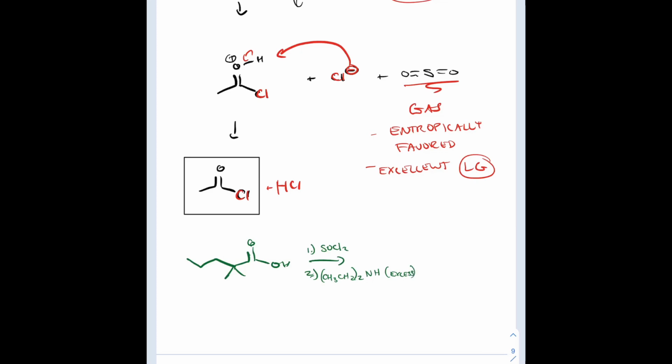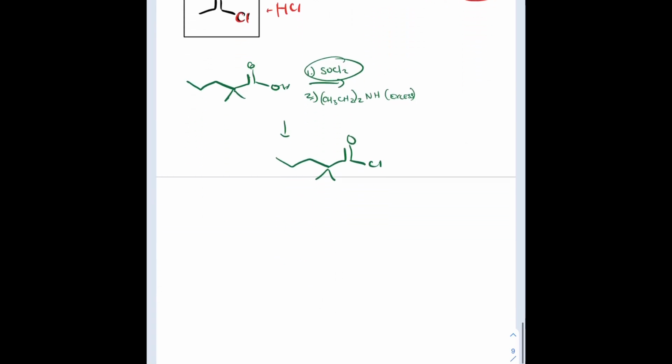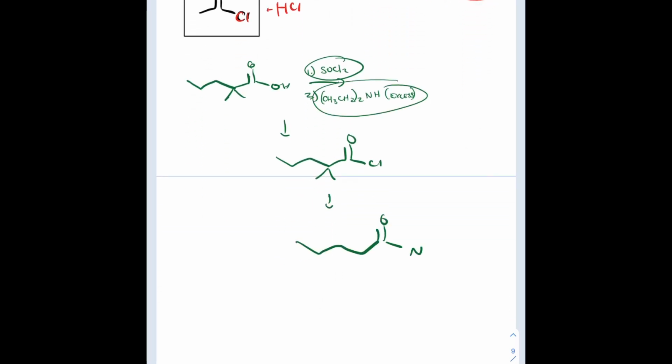So what we have here is 1, thionyl chloride, 2, an amine in excess. This is diethylamine. So we have to know that the first step, the addition of thionyl chloride to a carboxylic acid, makes an acid chloride, right?